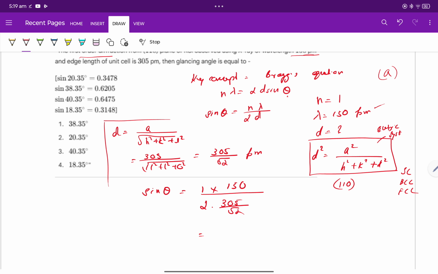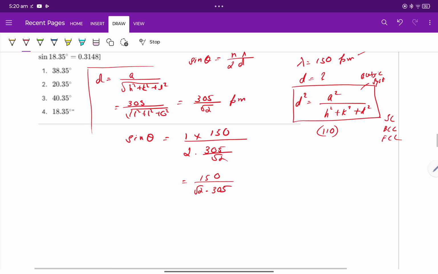So the 2s will cancel out, giving 150 divided by root 2 into 305. You should remember that in CUET PG you cannot use the calculator, so you have to do it by yourself. No calculator is allowed, and unlike JAM, there is no online calculator also.